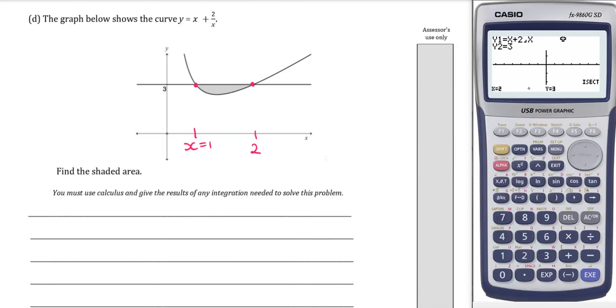Okay, so we need to integrate between 1 and 2 of x plus 2 over x. So that'll give us x squared over 2 plus 2 natural log of x.